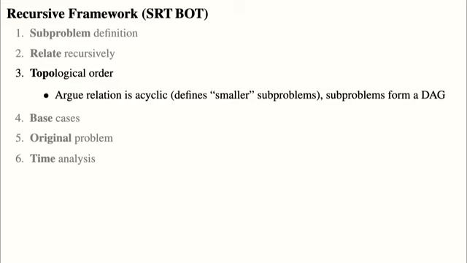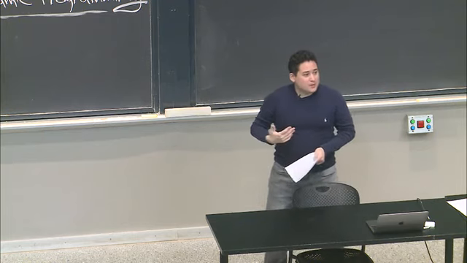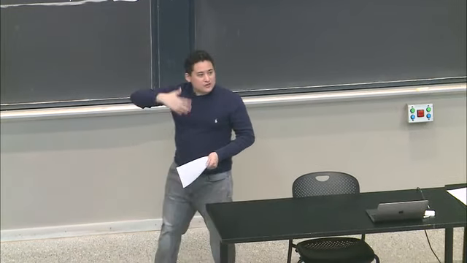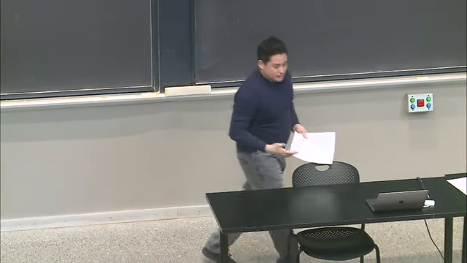Sometimes you have to add a couple indices and see that that always increases because one may stay the same while the other increases or something like that. But in general, as long as you argue that the relations are acyclic, then the subproblem graph is a DAG, and you can compute in a bottom-up manner, and you don't get infinite loops in your recursion, right?